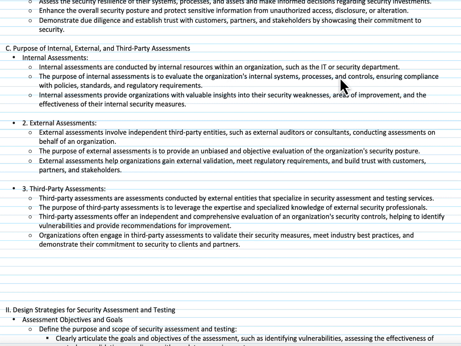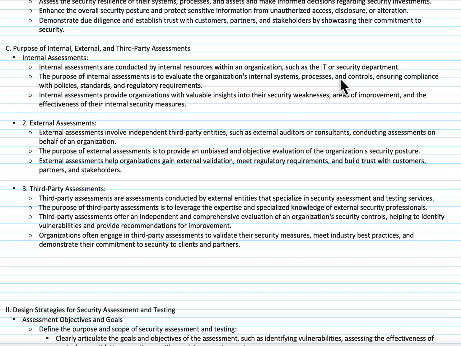A third-party assessment is basically conducted by entities that specialize in security assessment and testing services. So you have external assessors, which may be a contractor that you hire that doesn't cover all of the spaces. But then you have a third-party assessment where you may bring in somebody specifically to do a penetration test of your environment.